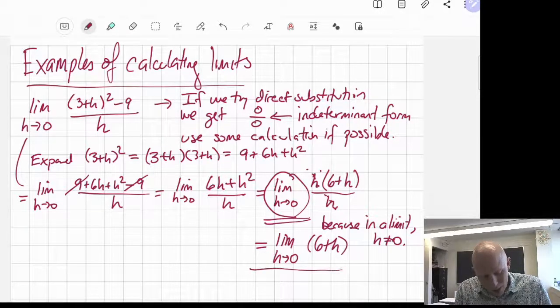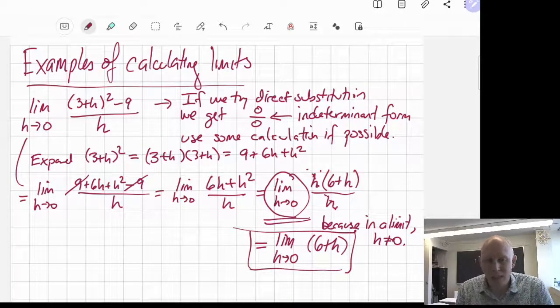And now we have an expression that says the limit as h goes to 0 of 6 plus h. And now we look at the 6 plus h. That is an expression that's a polynomial. I mean, it's a line, but it's an example of a polynomial. And it's defined for all values of h.